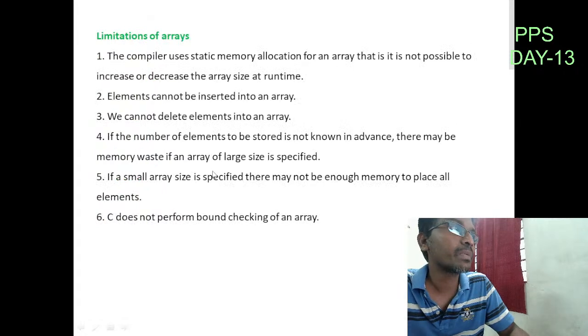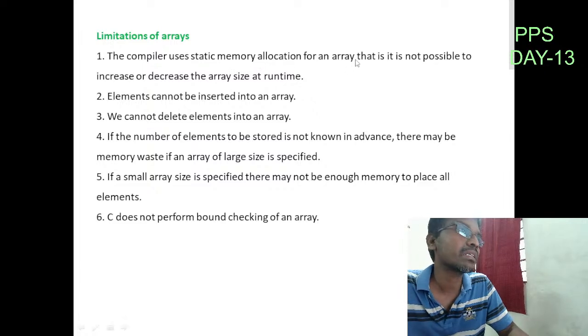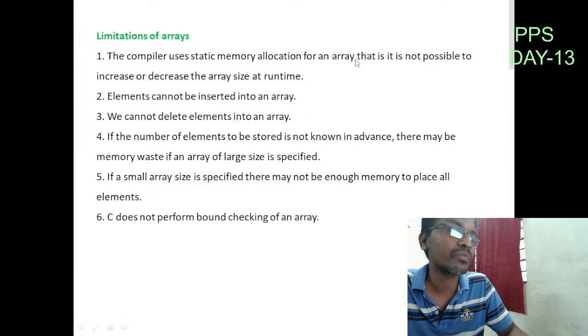And now coming to limitations. What are the limitations of using arrays? The compiler uses static memory allocation for an array. That means at the time of declaring an array, you have to declare the size of the array.